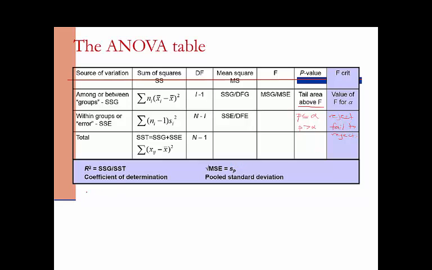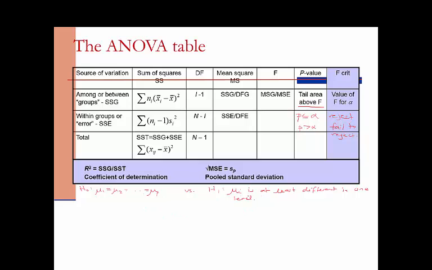Our null hypothesis is mu1 equals mu2 all the way to mu p, versus our alternate hypothesis, that mu i is different in at least one level.